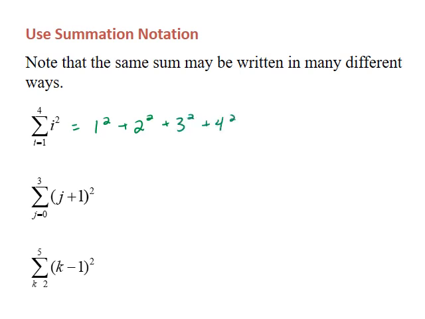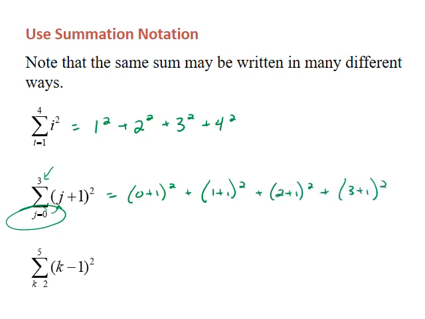If I look at this next one, something completely different, and now I'm starting with j equals 0, so this would be 0 plus 1 squared plus 1 plus 1 squared. I'm going to stop at 3. Plus 2 plus 1 squared plus 3 plus 1 squared.